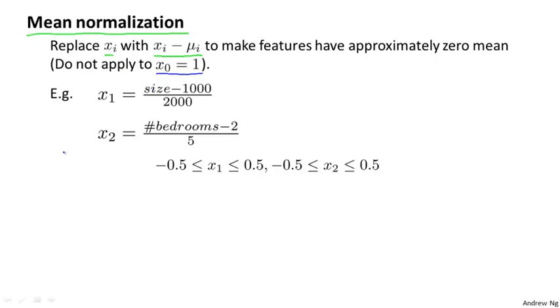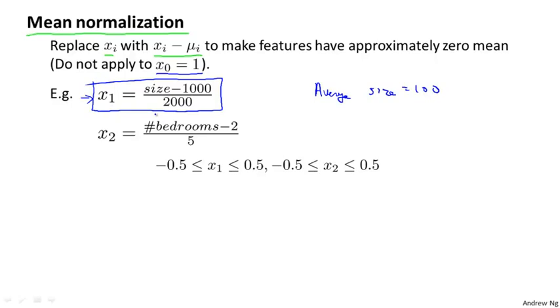But concretely, for other features, if the range of sizes of a house takes on values between 0 and 2000, and if the average size of a house is equal to 1000, then you might use this formula, set the feature x1 to be the size minus the average value, divided by 2000.